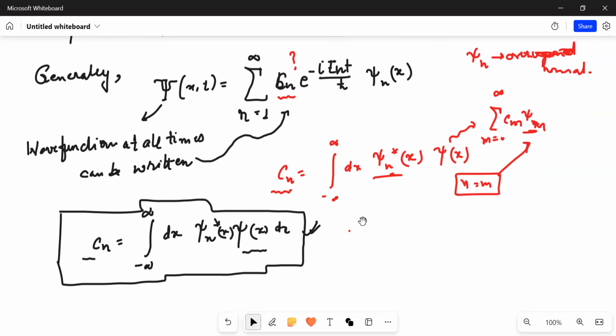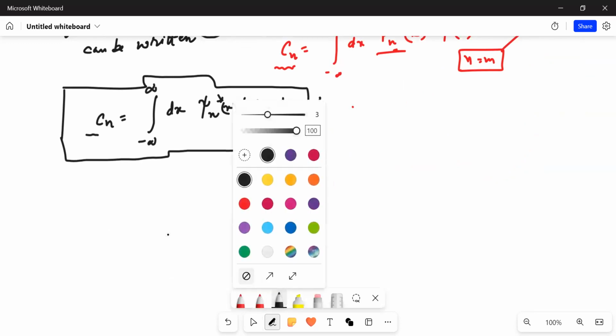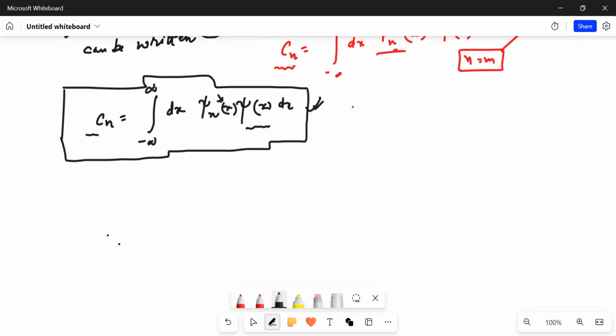Now, just think about one important thing that I'm going to mention right now. If I'm writing psi(x), it would be simply the summation from n equals 1 to infinity of Cn psi n(x). And what is Cn?